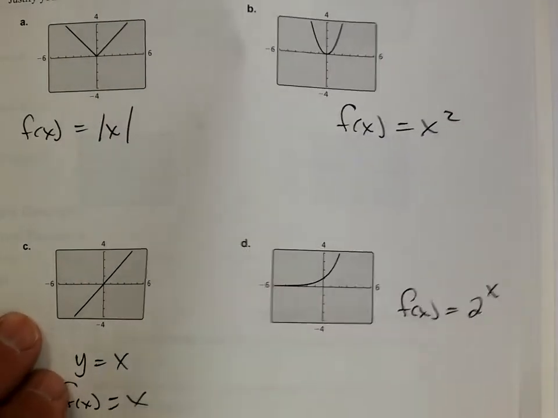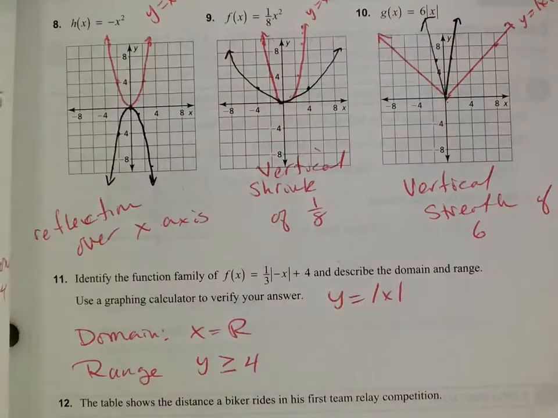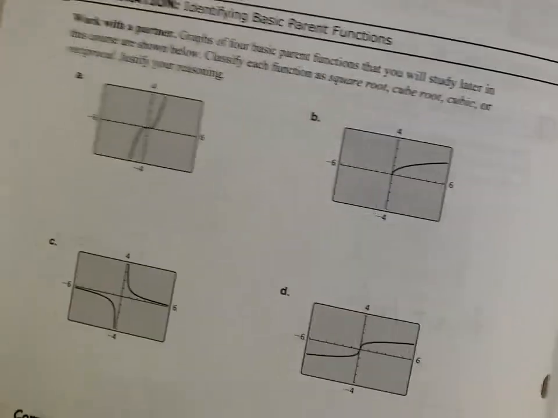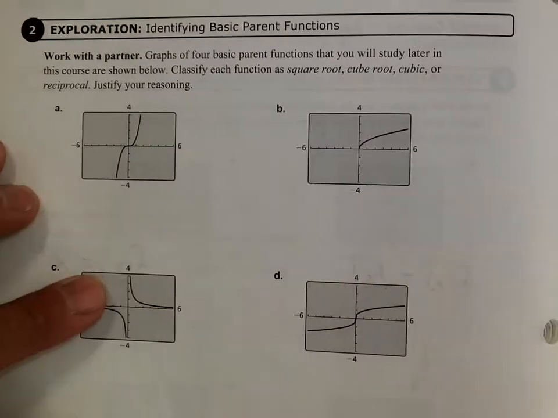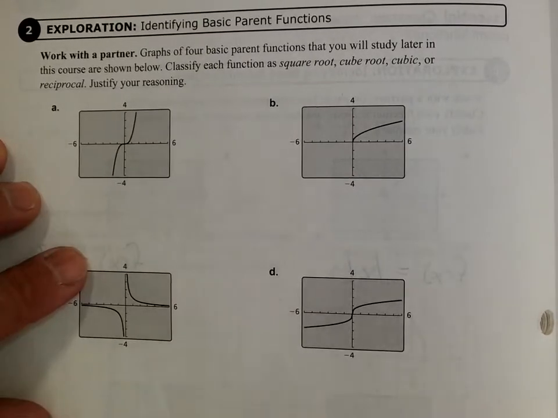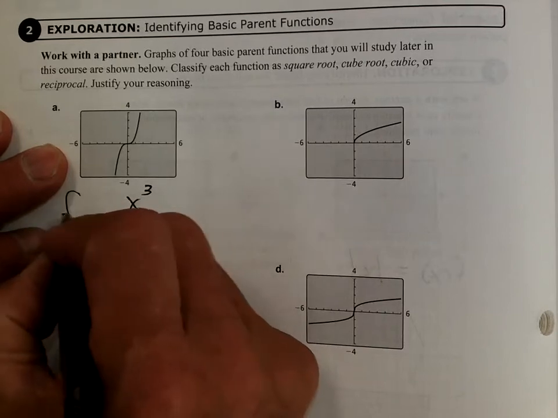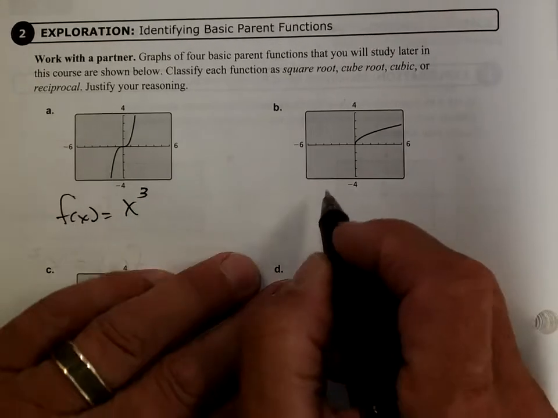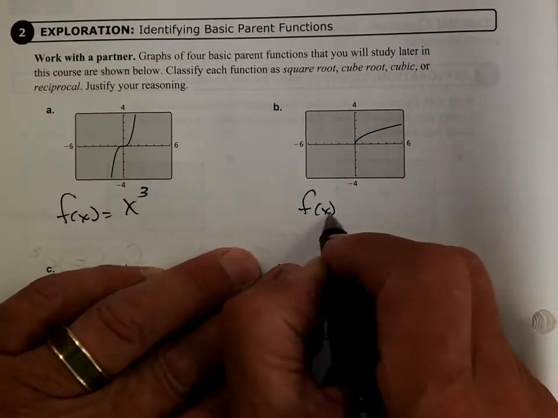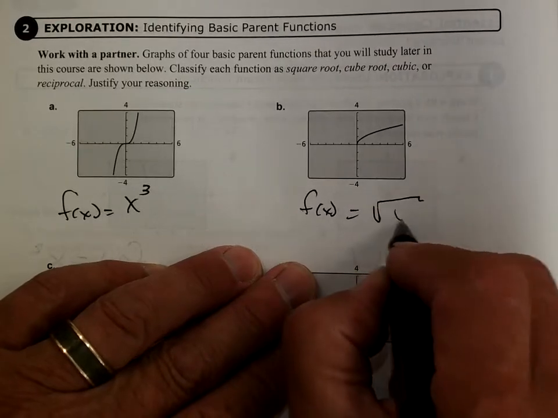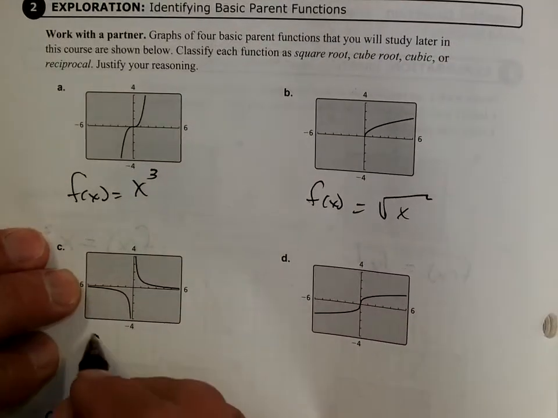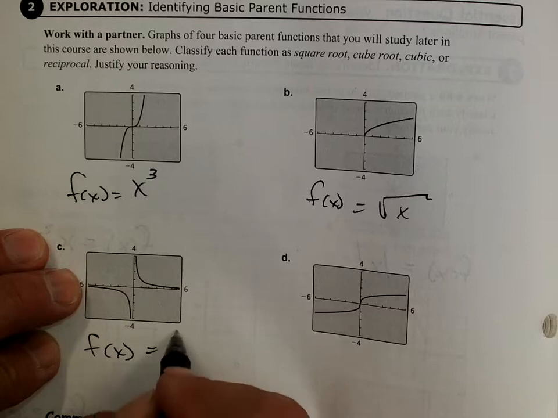Okay, and on the back side of our journal, we also see some other parent functions. We're not going to really talk about these yet. We'll talk about these later on in the course, but this is x cubed. This is a square root graph. This is a 1 over x graph.